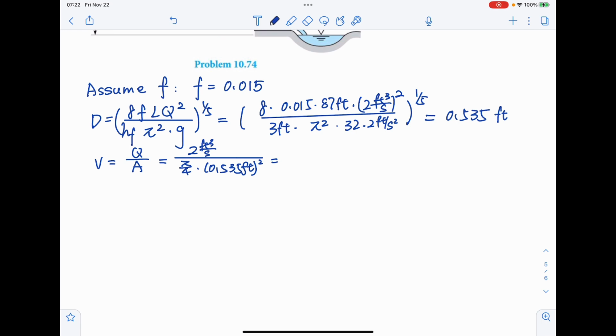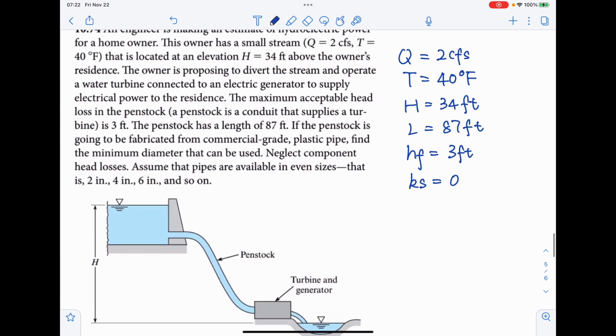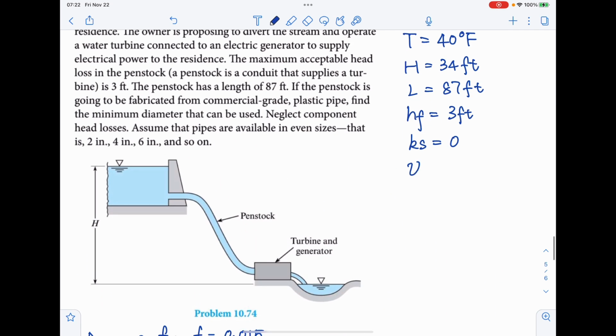Which should give us 8.899 feet per second. Okay. The next step, we're gonna find the Reynolds number, but first we're gonna find the viscosity.